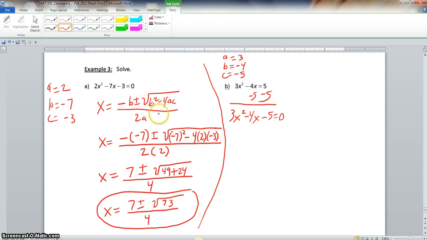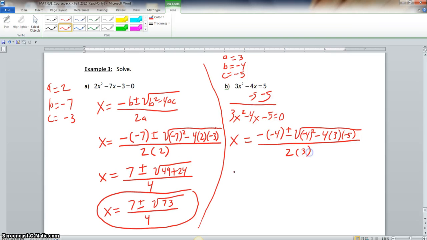So we go through and substitute it into the formula here. So we have x is equal to the opposite of -4 plus or minus the square root of -4 squared minus 4 times A is 3 and C is -5 all over 2 times a, which is 3.